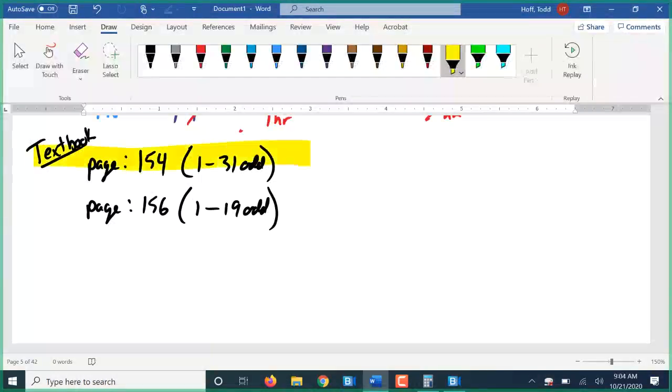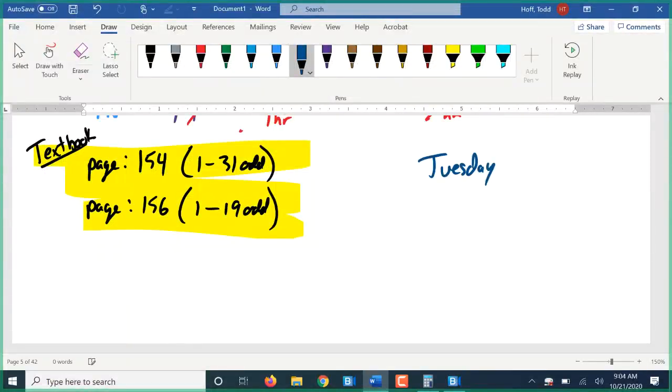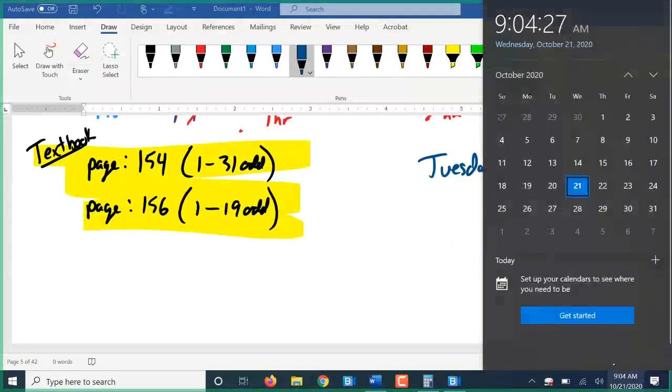This assignment, by the way, wraps up Unit 3 for us. This will be the end of Unit 3. Tomorrow we will do review, just because I feel like this unit got spread out a little bit with the days off. Next Tuesday, which is October 27th, I believe?